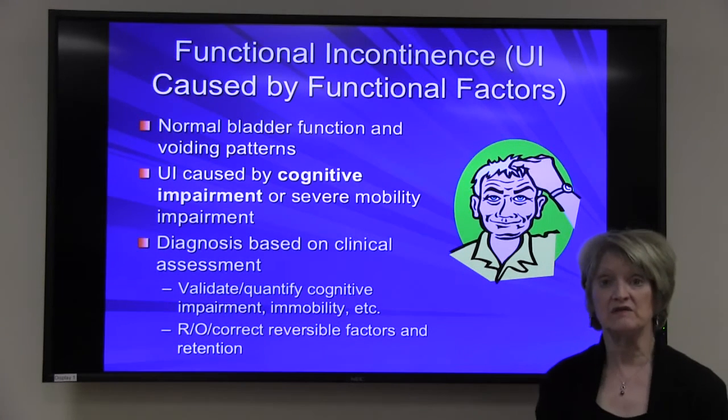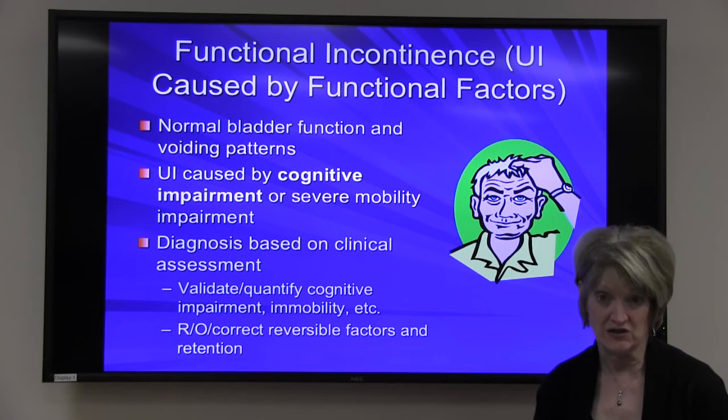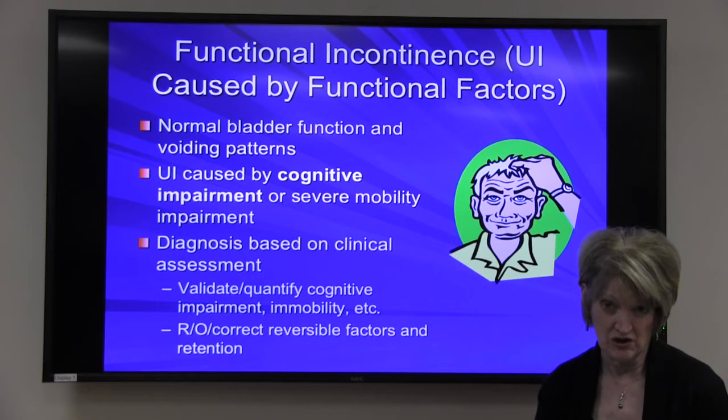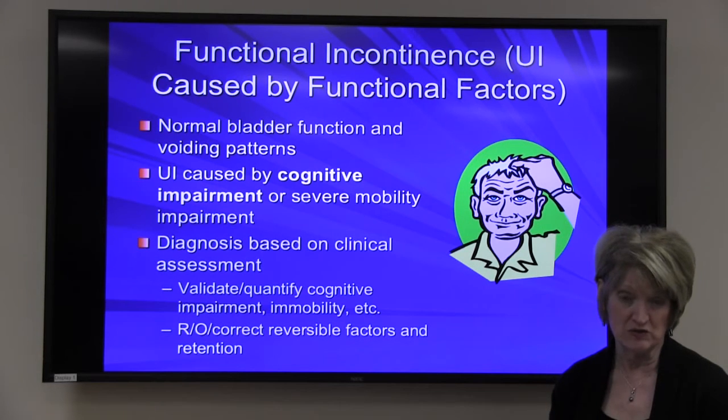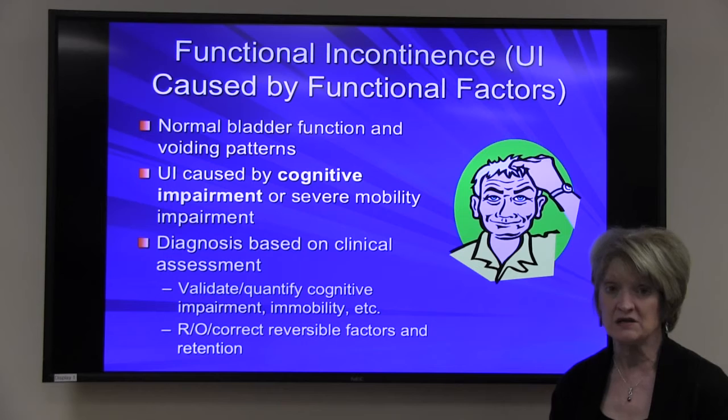Okay, so spend a lot of time making sure you understand stress and urge, and mixed stress and urge, which is nothing more than what it says, where you have to use a combination of management strategies for stress and management strategies for urge, because the patient reports leakage, sometimes associated with urgency and sometimes associated with activity.